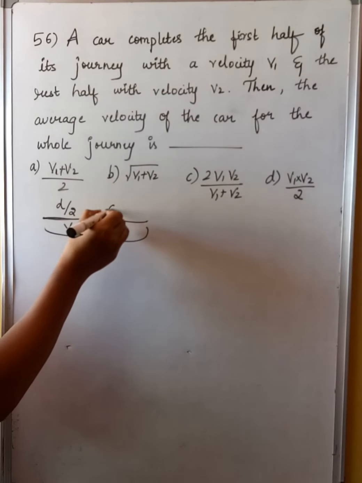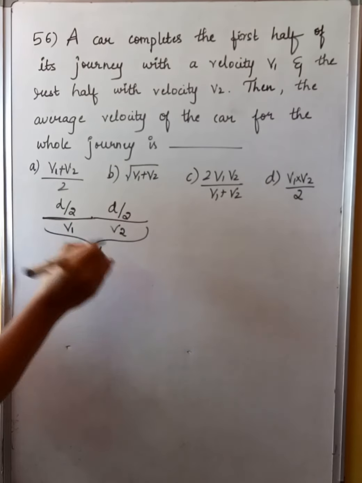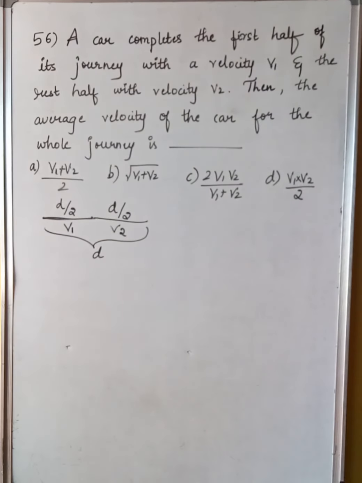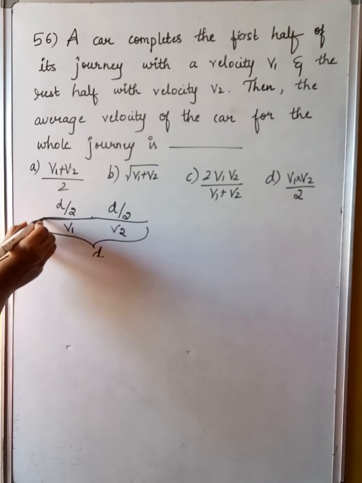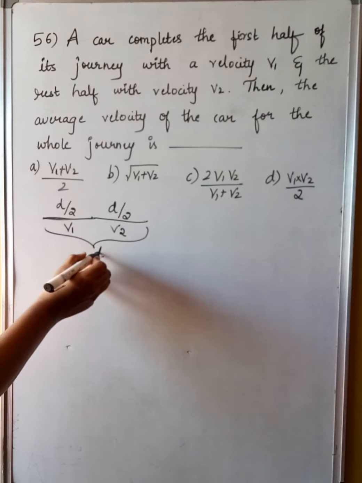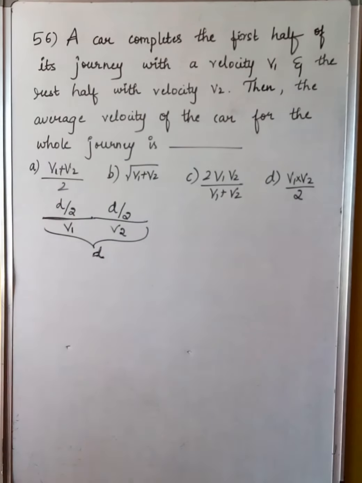The next half of it is nothing but d by 2. So the total journey, from the beginning till the end, I have considered the distance as d. Is it clear? Next the half journey will be d by 2. The first half speed will be v1 and the next half speed will be v2.